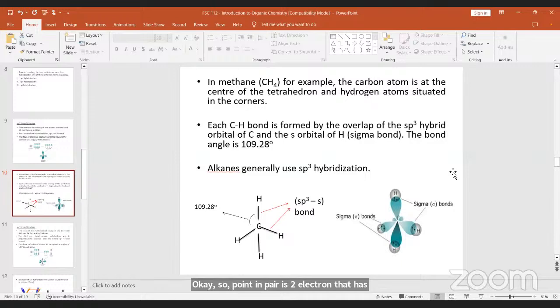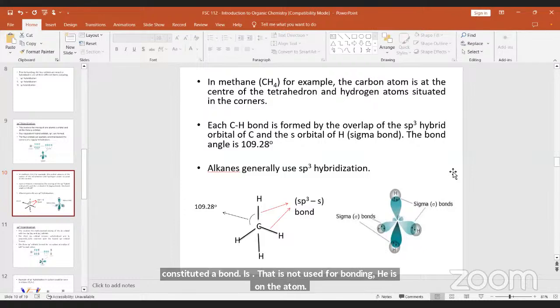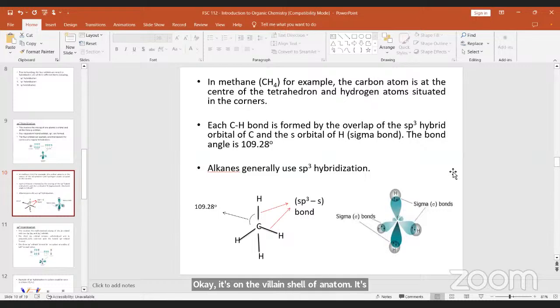A lone pair is a pair of electrons that is not used for bonding, but that is on the valence shell of an atom. Then unpaired is just 1 electron that is waiting for an electron to bond with.